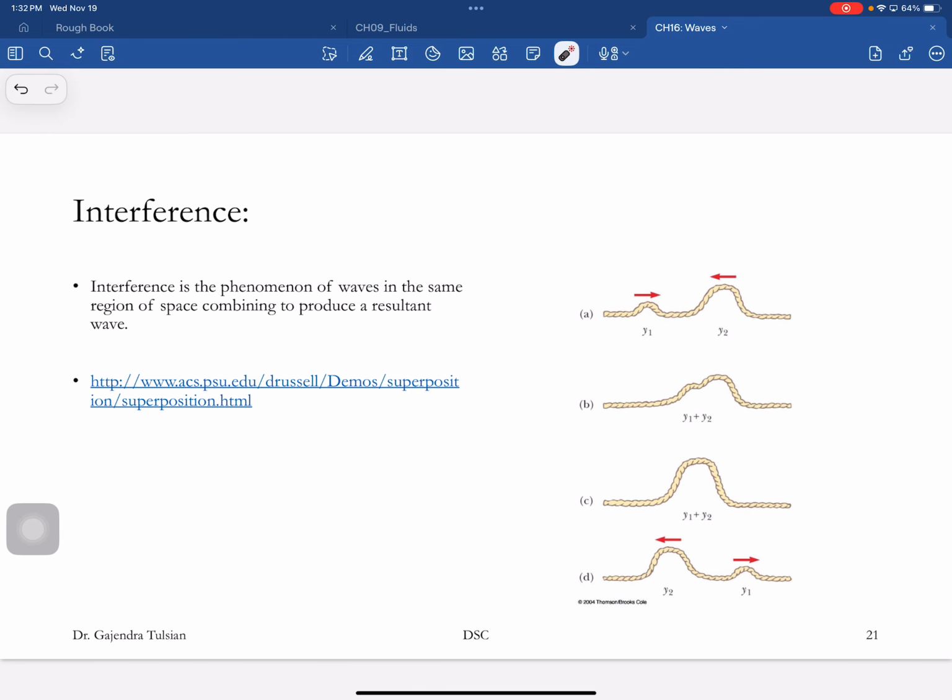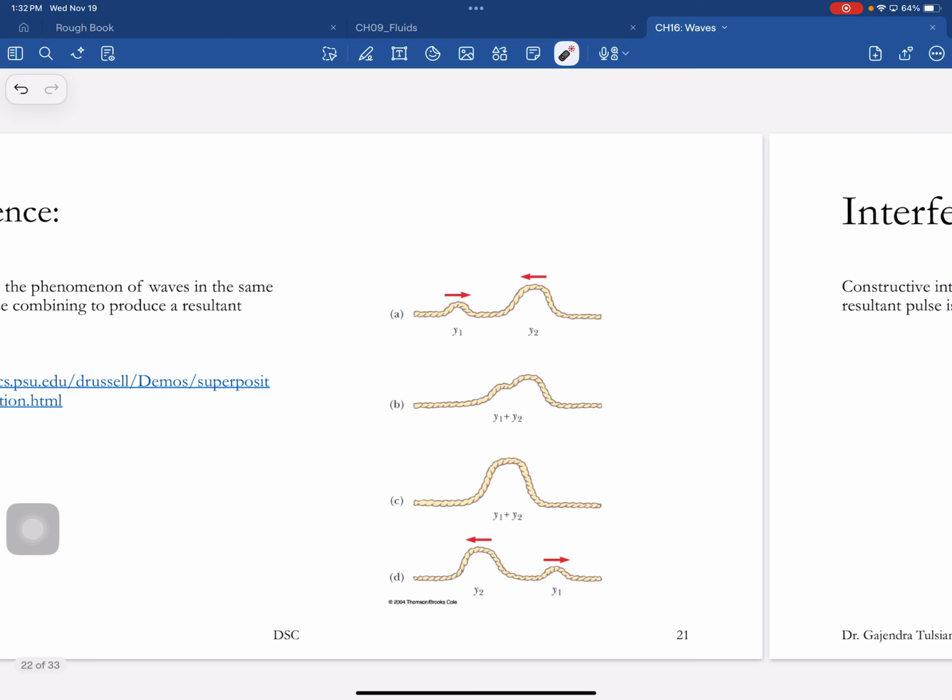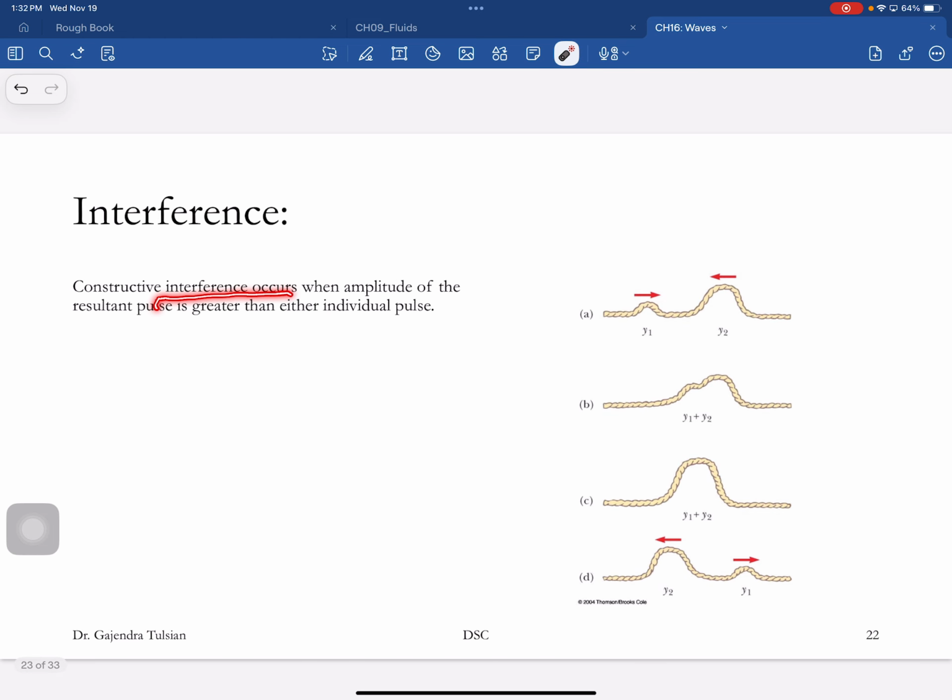Okay, so interference is the phenomenon of multiple waves interacting. And at a given location, when they reach a given location, you just take the algebraic sum of them. Constructive interference occurs when the amplitude of the resultant wave is greater than either of the individual pulses. So when they have the same sign, the resultant pulse is bigger than either one of them.